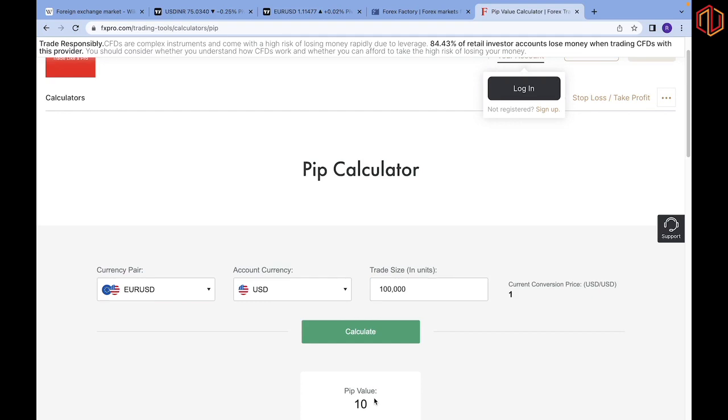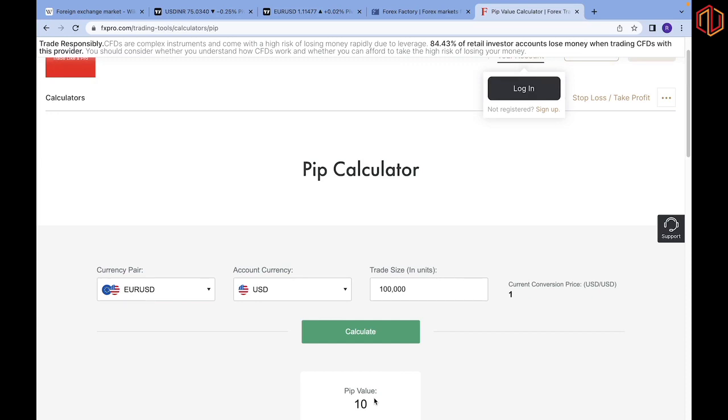If you move this to, say, GBP Japanese yen, for $100,000, 1 pip is equal to 8.67. So if the market moves 1 pip in our favor or against us, we are going to make or lose $8.67 for a volume of 1 lot or 100,000 USD, for GBP JPY.